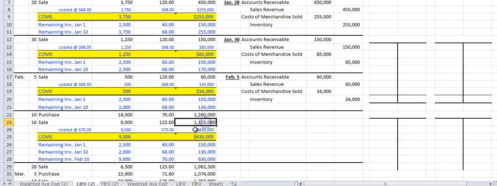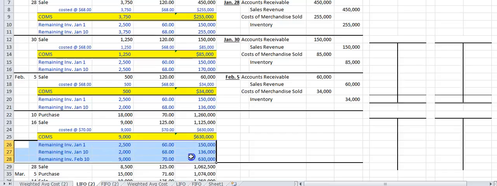My sale is given to me by the exercise, 1,125,000. And then I go ahead and calculate my remaining inventory so that I can keep everything nice and neat, so that I will get the right answers moving forward. So this layer here was not touched.